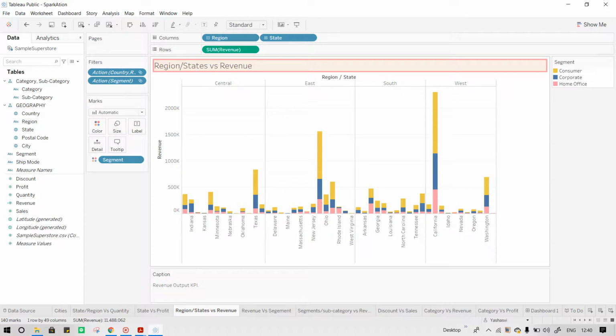Consumer overall, in all the places, has the greatest revenue compared to home office. So in different cities, we can work on different strategies, like in a city like Louisiana, we can work on all three aspects.